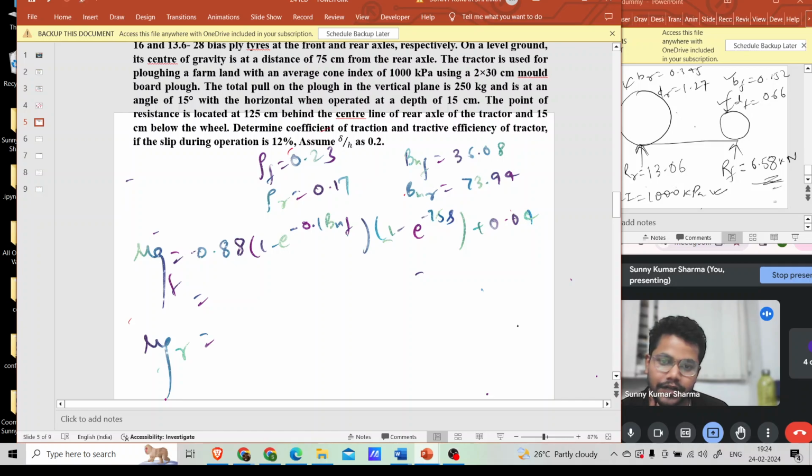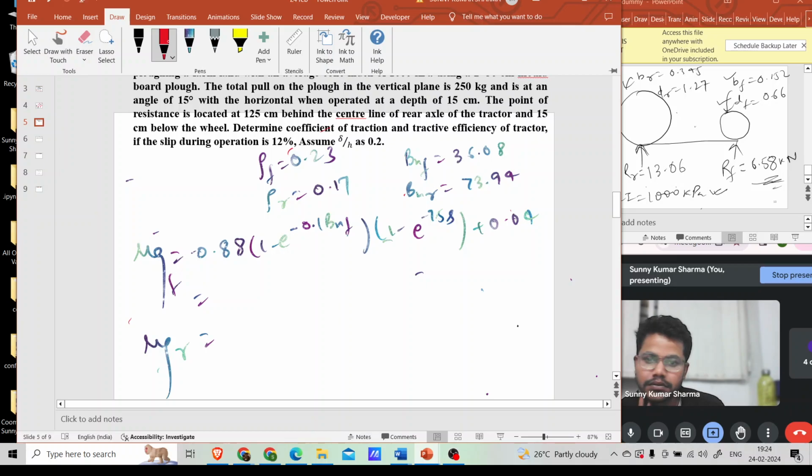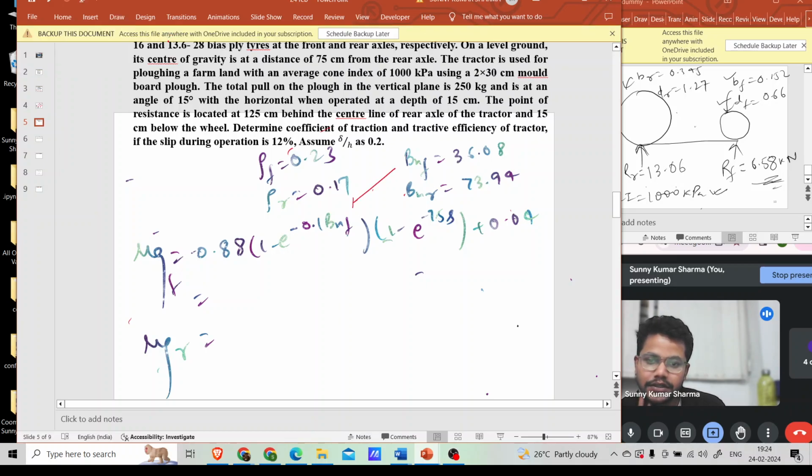Sivaraman, Bn for front wheel I have written here. Slip is given here, it is 12%. Slip is 0.1. This way you will get mu g for front wheel, and mu g for rear wheel.